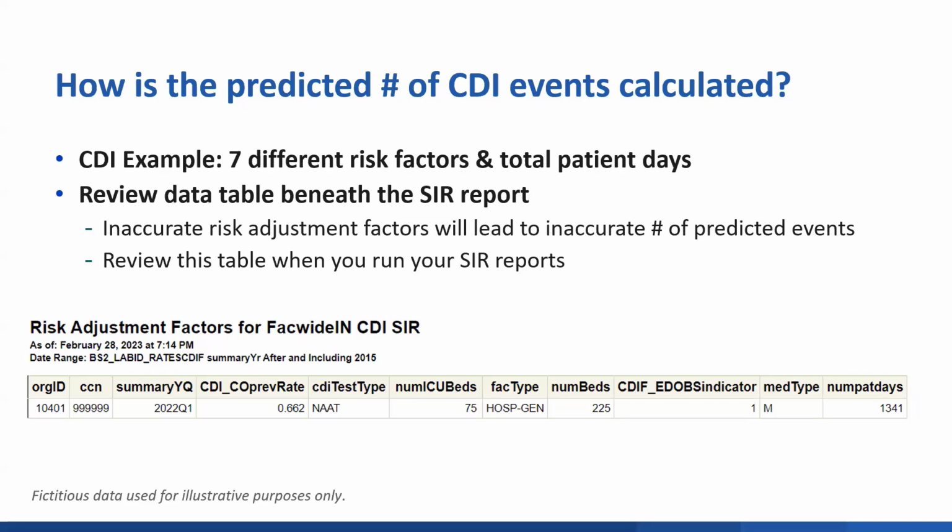So it's important to review this table whenever you run your SIR report, just to confirm all of the values in this table look accurate. And if they're not, you can troubleshoot either by looking at summary data or the annual hospital survey, and I think that's it for all of these risk factors. Next slide.